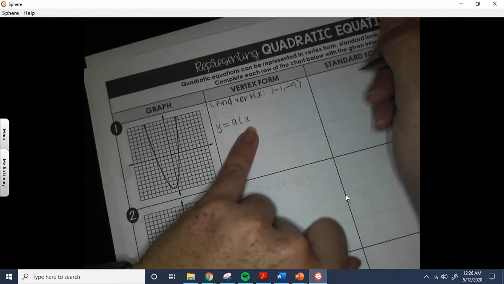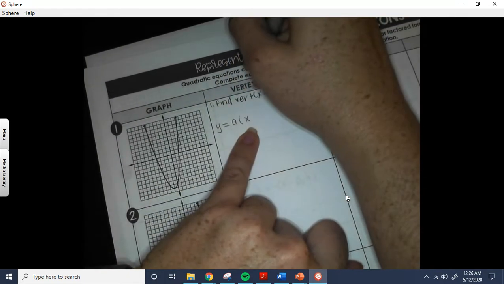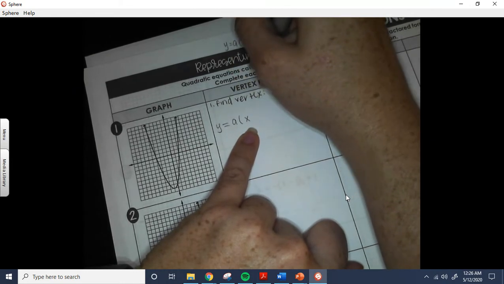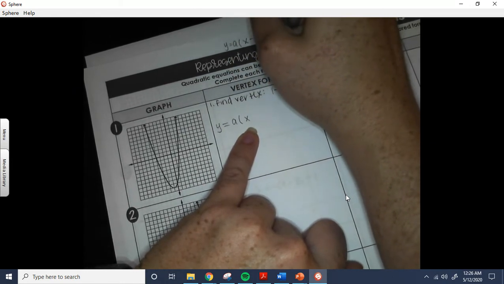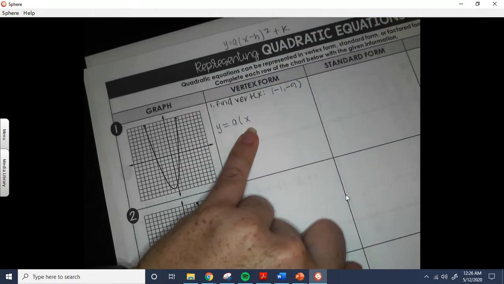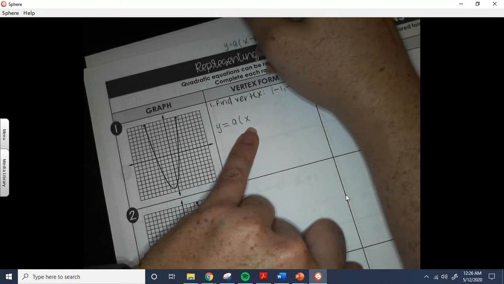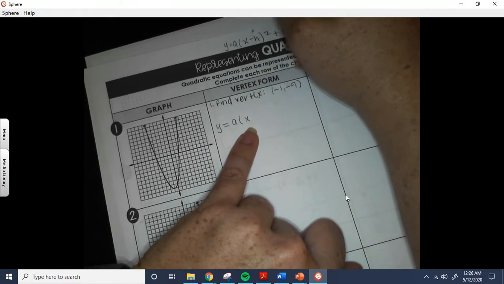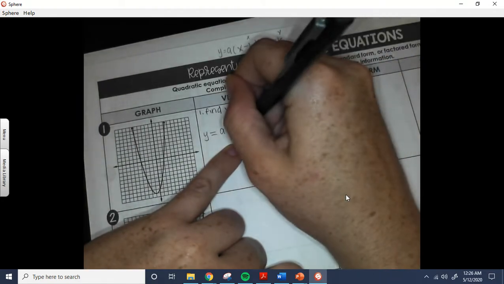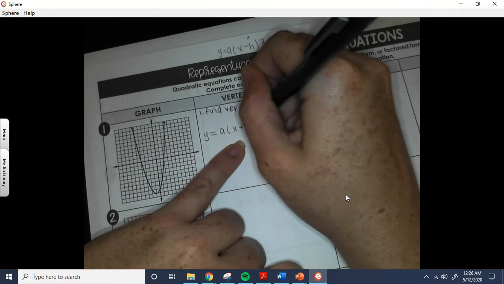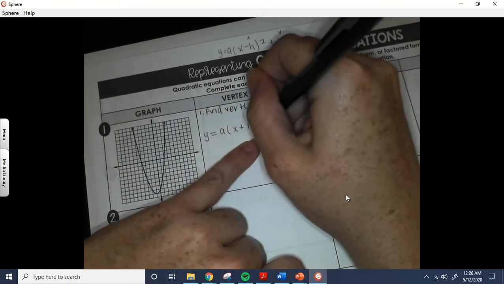And remember, the vertex form is y equals a times (x minus h) squared plus k. Your h is essentially your x coordinate, your k is essentially your y coordinate. So since your x coordinate is negative, it's going to be +1. Don't forget to square, and then you're going to have -9 as your k.